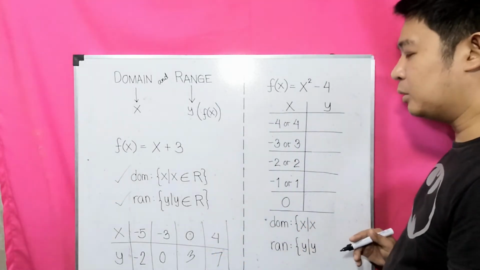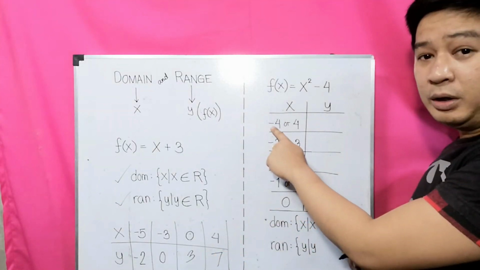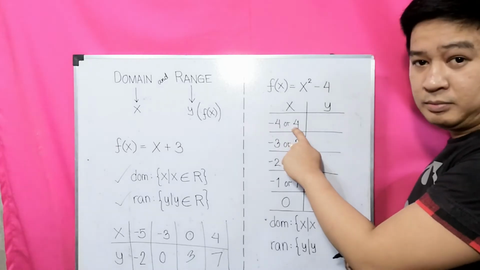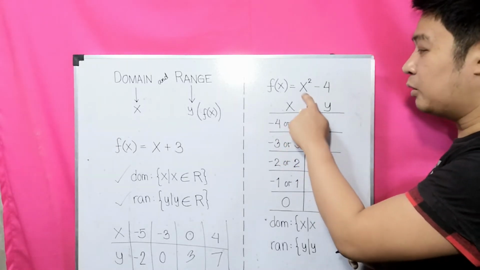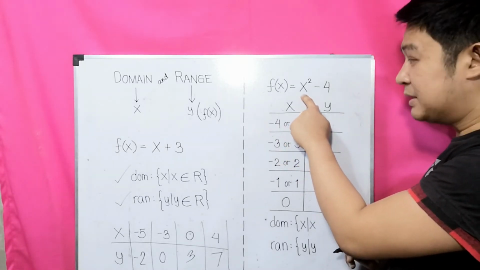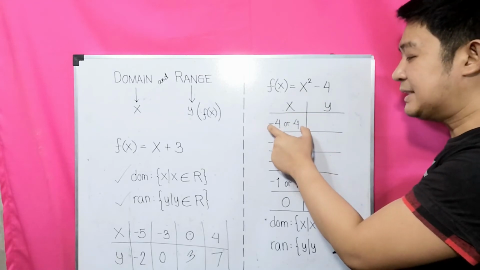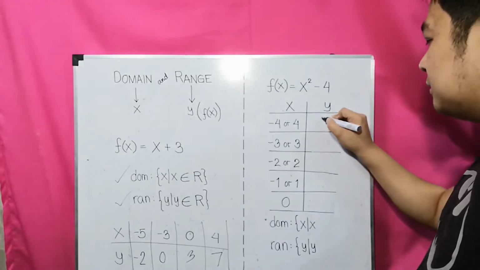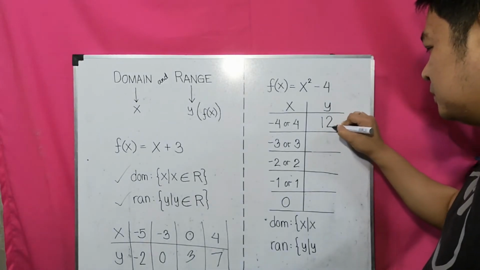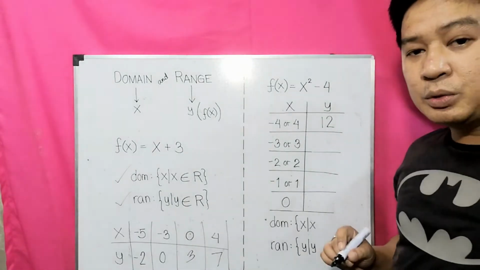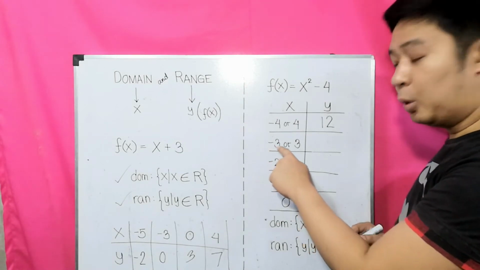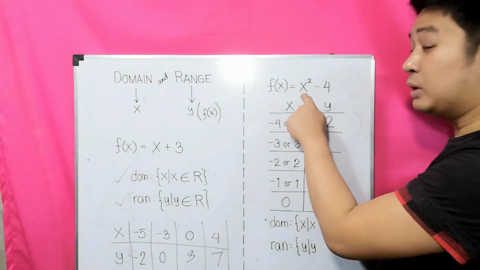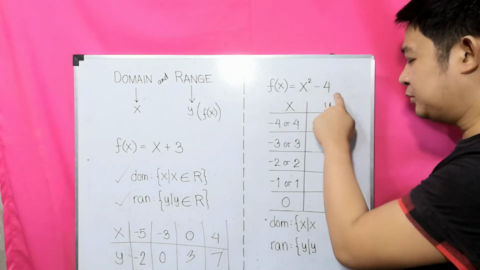So for example, we have negative 4 or 4. If we substitute this to our function, it will be squared. So this becomes now 16 minus 4. This becomes 12. If we use negative 3 or 3, this is now 9 minus 4.